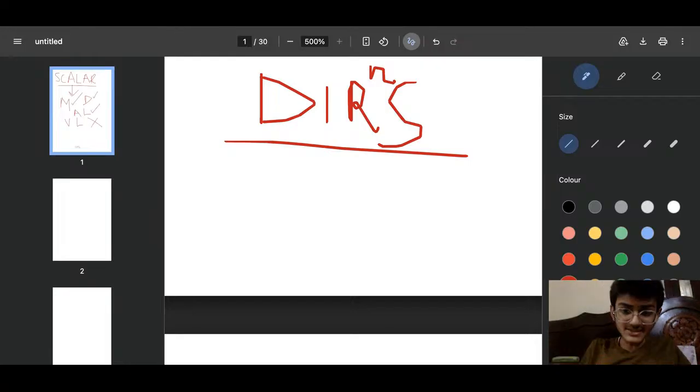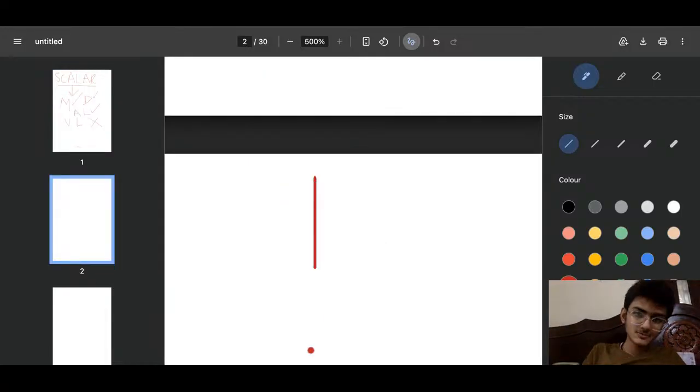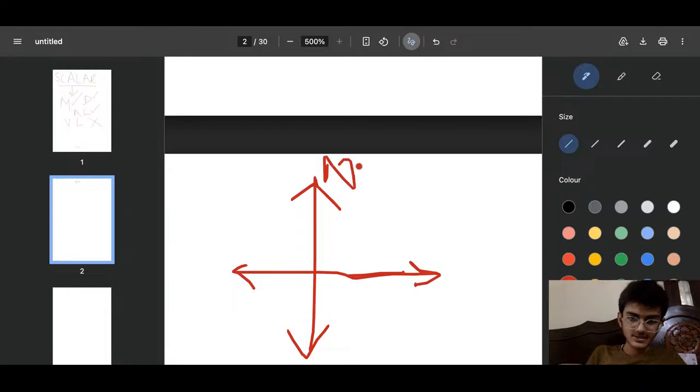The essence of these words, I'm not talking about the direction, that if you are saying this is north, okay, this is north. If I draw a coordinate system, you will understand what you say. Suppose this is there, let's make it a straight line. We are saying this is north, this is south, this is west, and this is east, right?